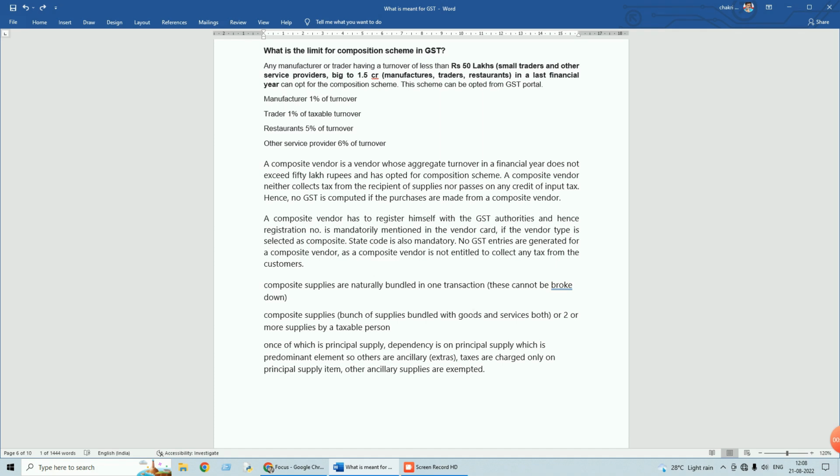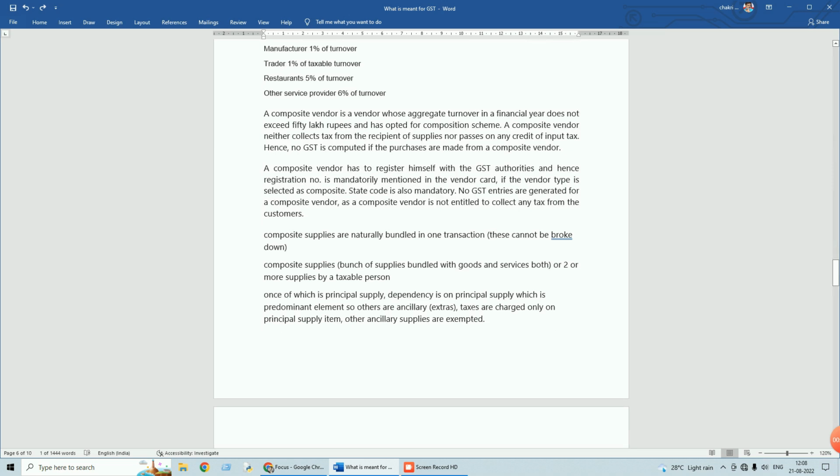Composite supplies are a bunch of supplies bundled with goods and services both: two or more supplies by a taxable person, one of which is the principal supply. It depends on the principal supply, which is the predominant element, so the others are ancillary extras. Taxes are charged only on the principal supply item; other ancillary supplies are exempted.